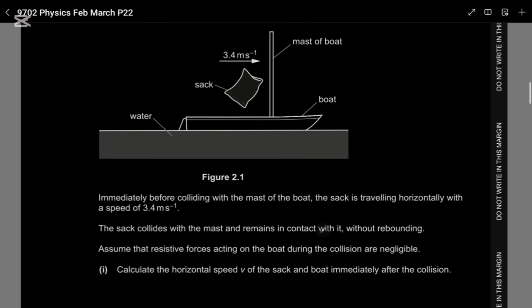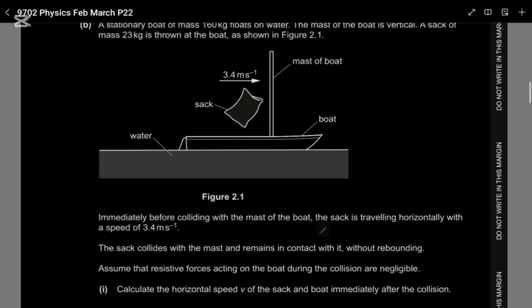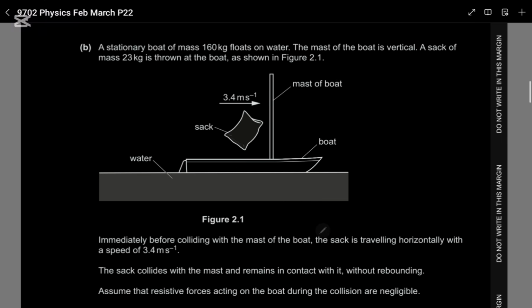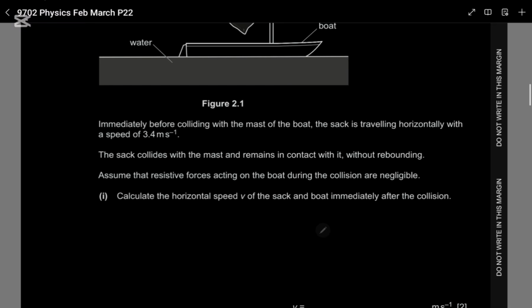Alright, immediately before colliding with the mast of the boat, the sack is traveling horizontally with a speed of 3.4 meters per second, okay, and it's shown on the diagram as well. Alright, and by the way, they said that the boat is stationary, okay, so initially it has zero velocity, it's at rest. Alright, so I think we have enough information, okay.